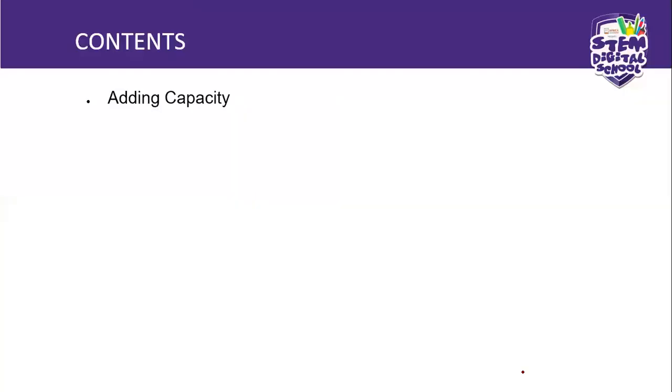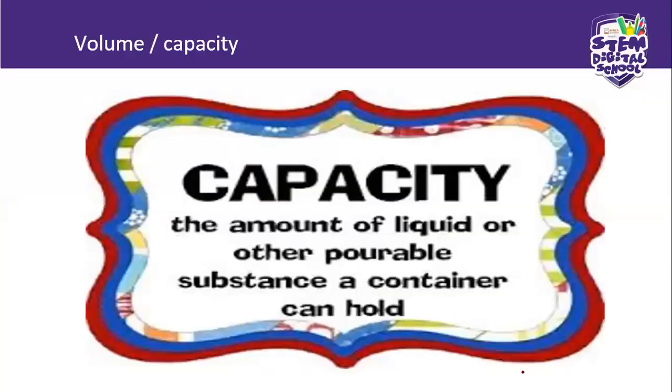Right, so today we're dealing with adding capacity. Now we spoke about capacity and we said that capacity is the amount of liquid or any other portable substance that is contained. Normally when we look at capacity, we're focusing mainly on liquids, oils, your water, etc. So our minds need to be directed onto asking, what are liquids measured in?